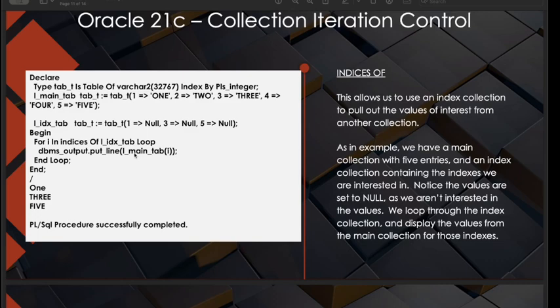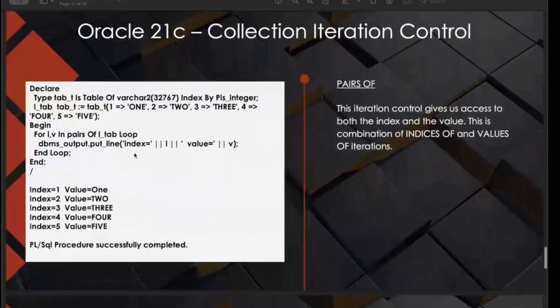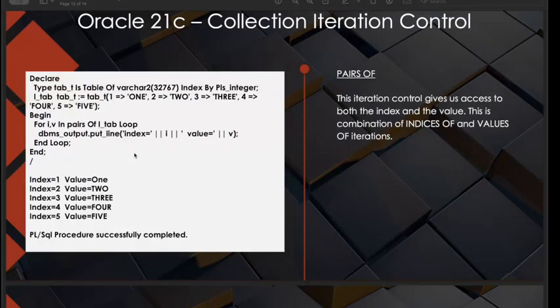Now if we go to pairs of, the iteration gives us access to both the index and the value. We can think of this as indices of and values of combined into one. This example uses pairs of to display the index I and value V for each entry in the collection.